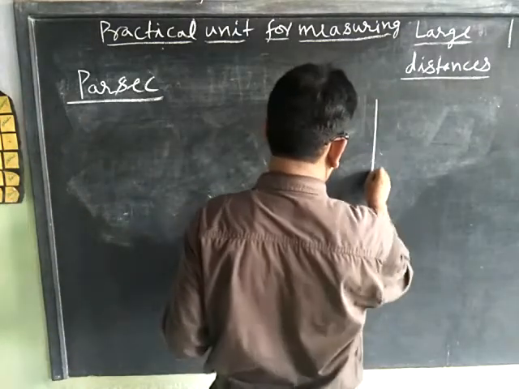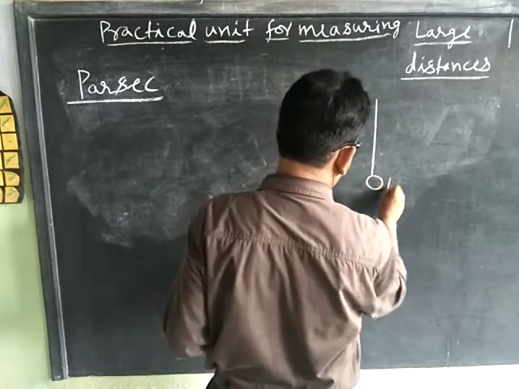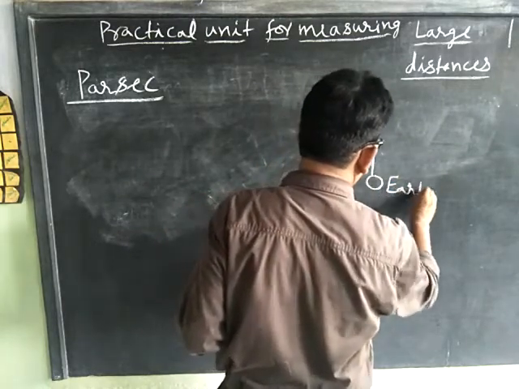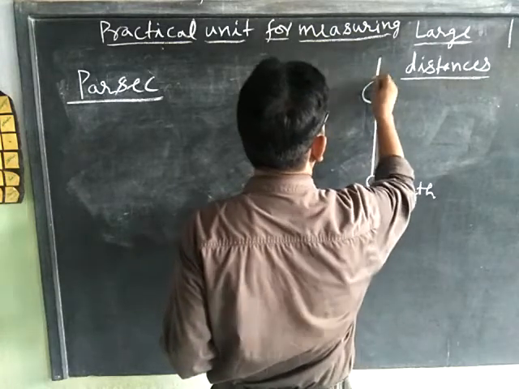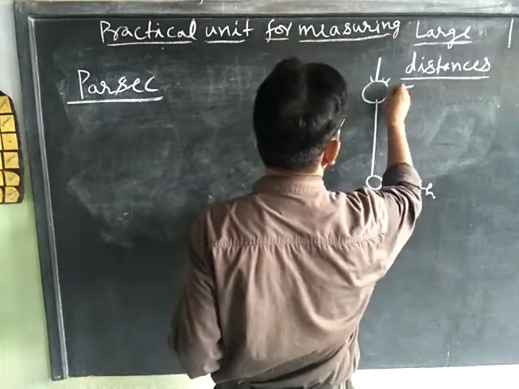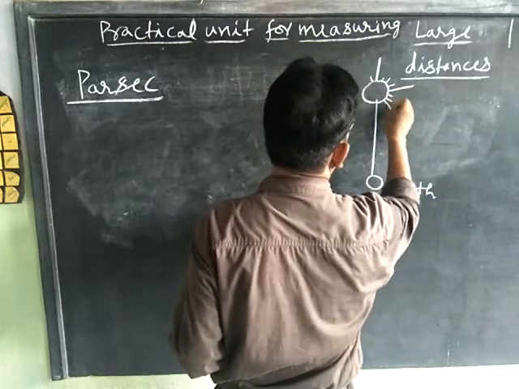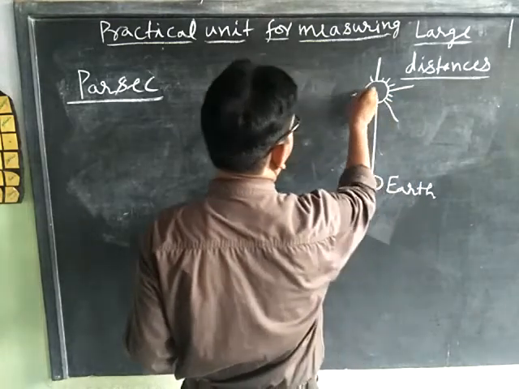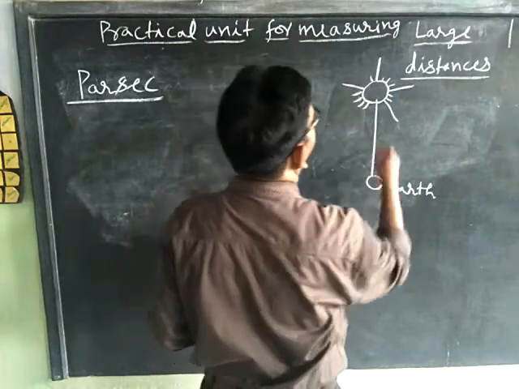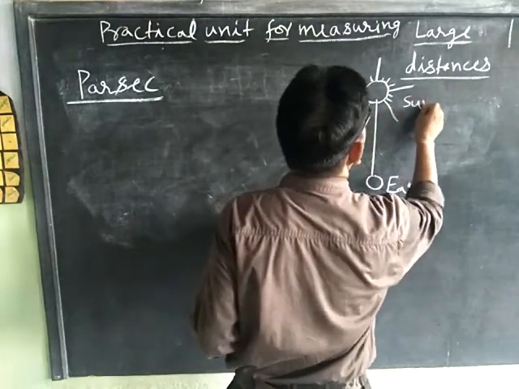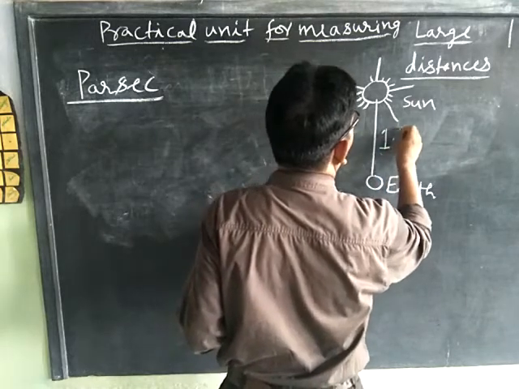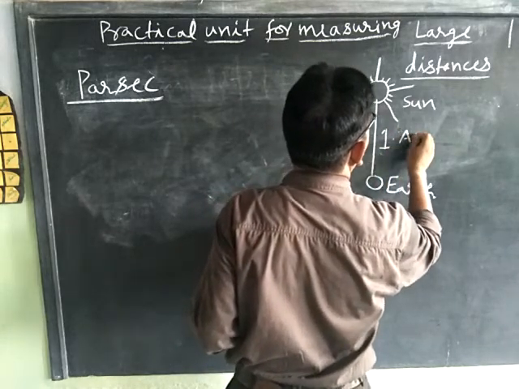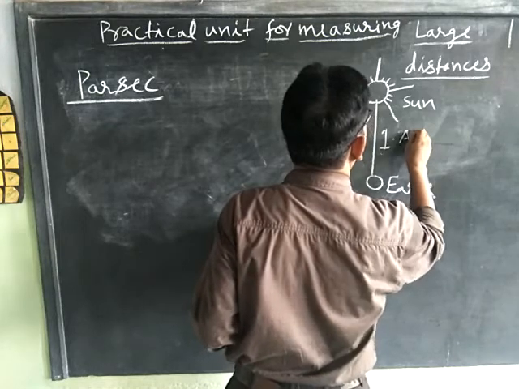Suppose this is our earth and this is the sun, and the distance is 1 astronomical unit.